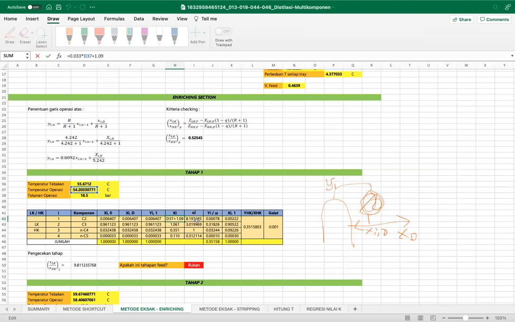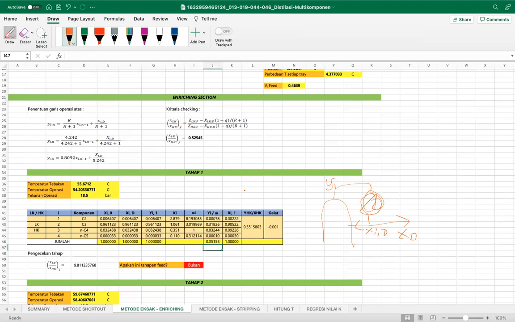After that, we have the Ki, and then we can also calculate the alpha I, which is the relative volatility, and we can calculate Yi divided by alpha I. With that we can find the Xi.